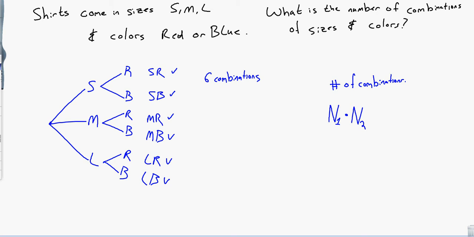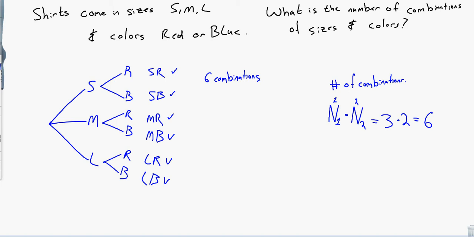So because there's small, medium, large, we have 3 sizes times 2 colors equals 6 combinations. And we can see how we can expand this. So we had 2 options in this example. We can really have n number of options, and we would just multiply all available combinations between all of them.